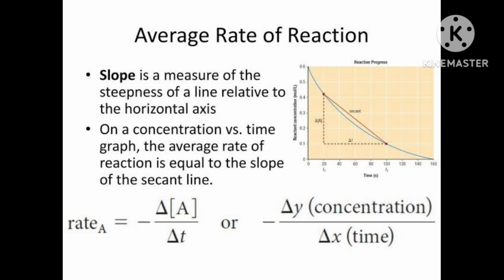Now this numerical, just to see, the reaction is given: butyl chloride plus H2O forms ethyl alcohol plus HCl. You have to calculate the average rate of the reaction during different intervals of time.